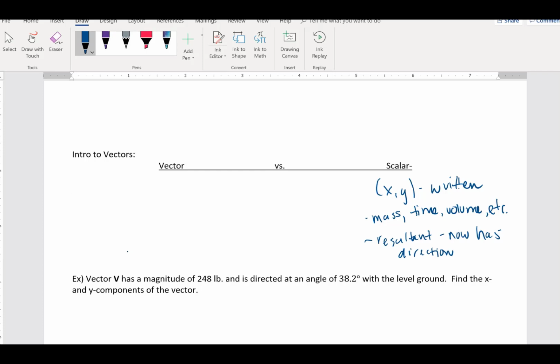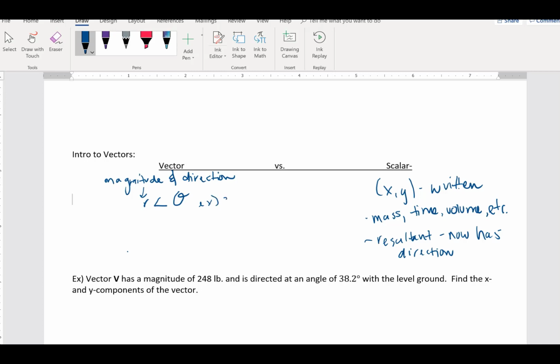Let's move on to vectors. Vectors have both magnitude and direction. It is written as r angle theta. R is your magnitude, theta is your direction.